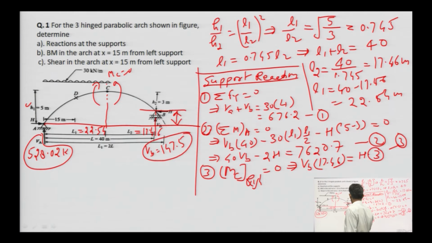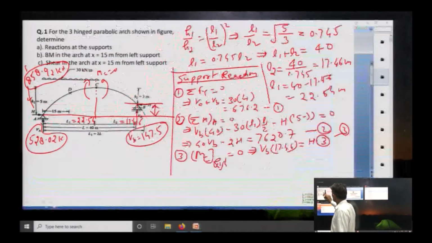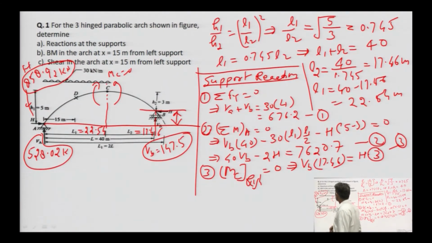The value of H is 858.92 kilonewton. So, this is the value of H. So, support reactions we have calculated.